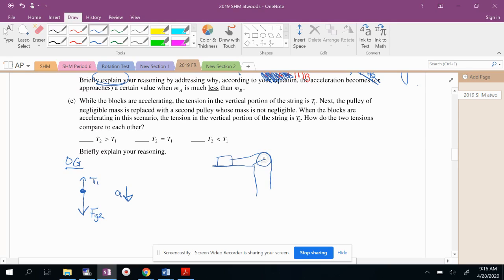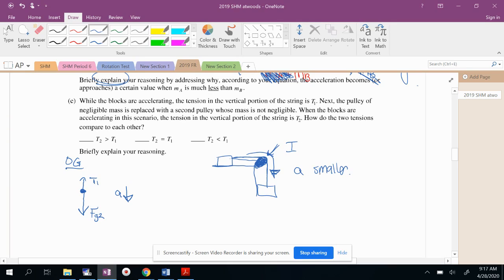This is not at an angle. Let me just replace that. Okay, the pulley now has some mass. Okay, which means it has some rotational inertia, I. And I don't really care what that I is at this point. I just know that this rotational inertia is going to cause the acceleration of this entire system to be smaller, right? Because this thing is kind of preventing this from moving as fast as it could.